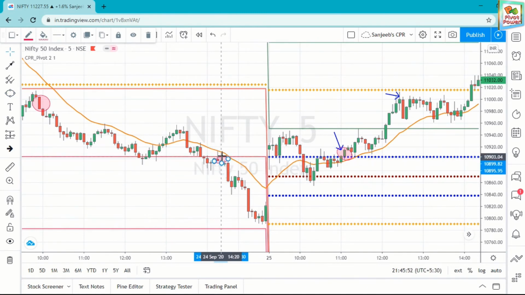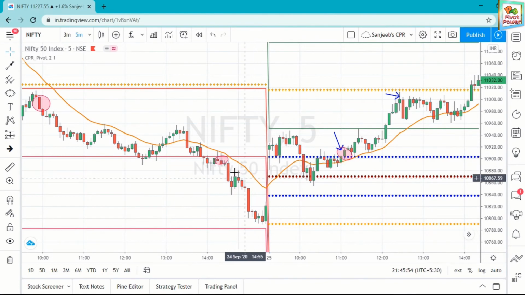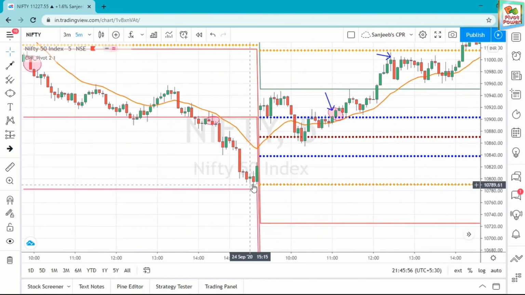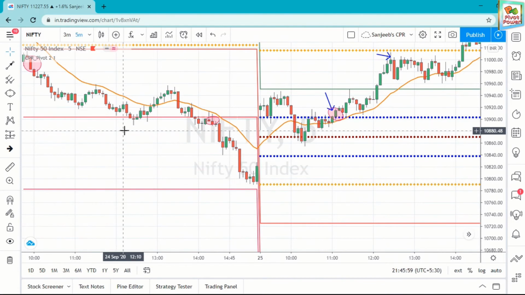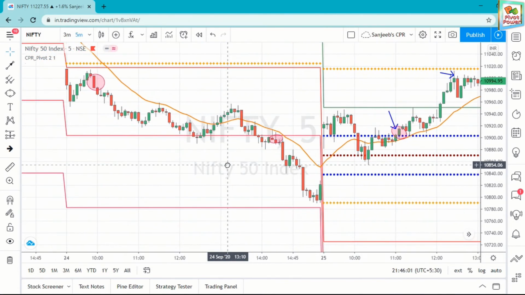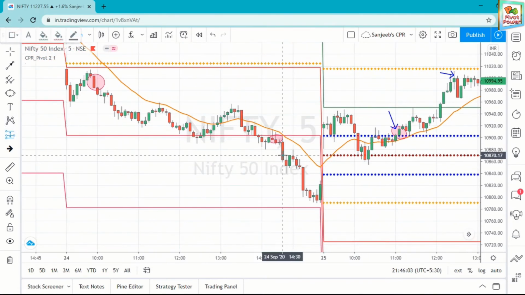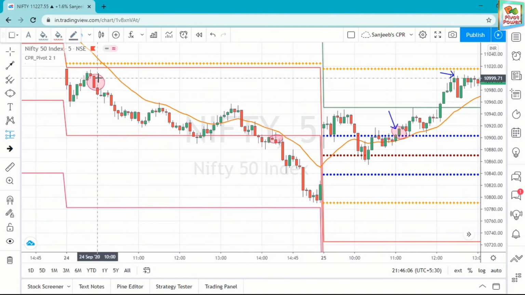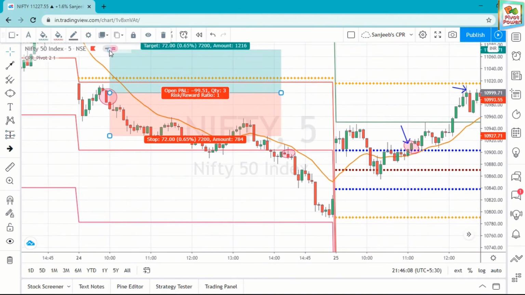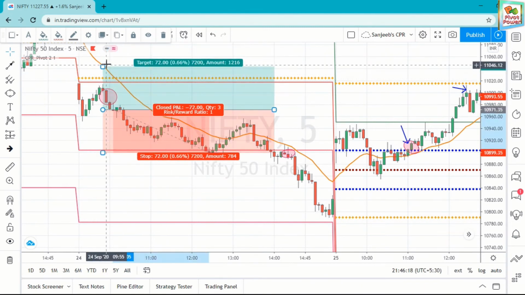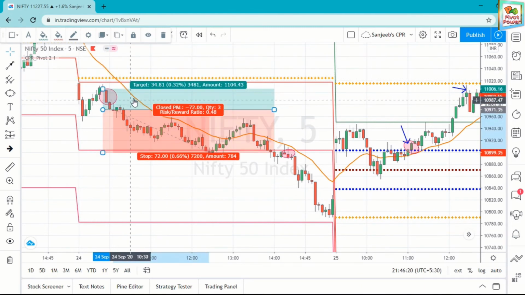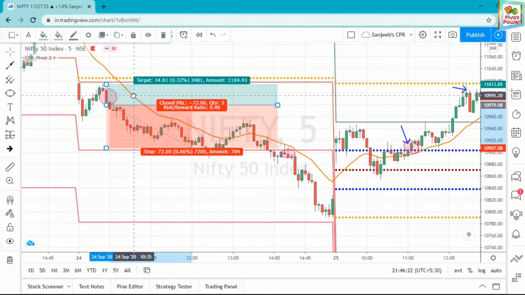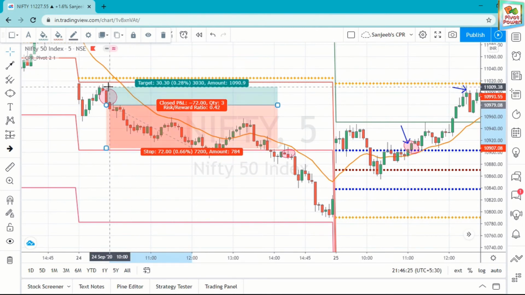Then the target should be near the next resistance level. You can also calculate the risk reward here. See how much the risk reward is. If the risk reward is more than 1:2, then you can take the trade. If it is less than 1:2 risk reward, then avoid the trade, don't take any trade.